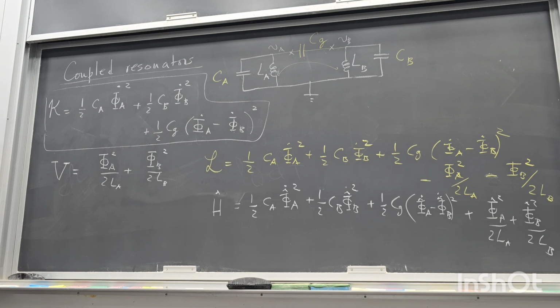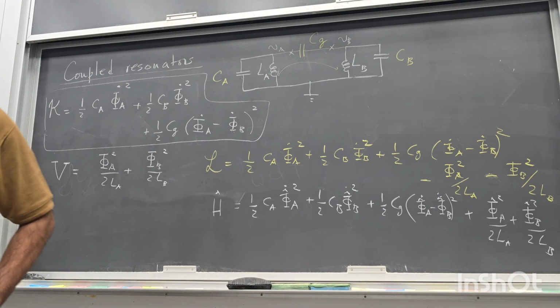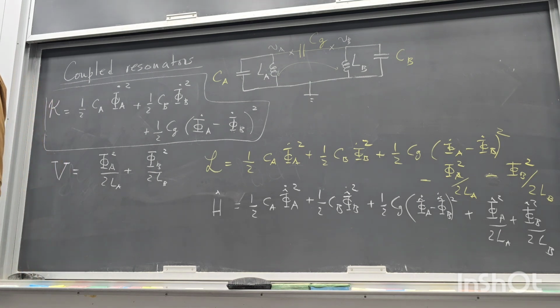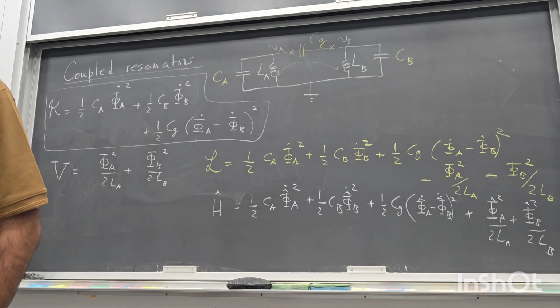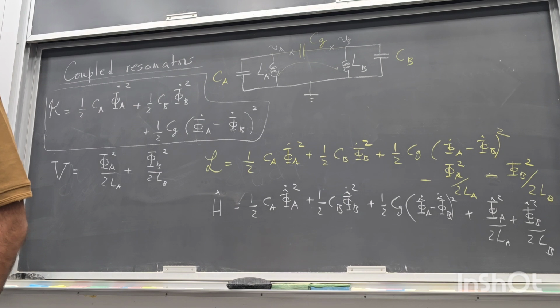So how can I do that? Q is equal to C phi dot. So phi dot is equal to Q divided by C.